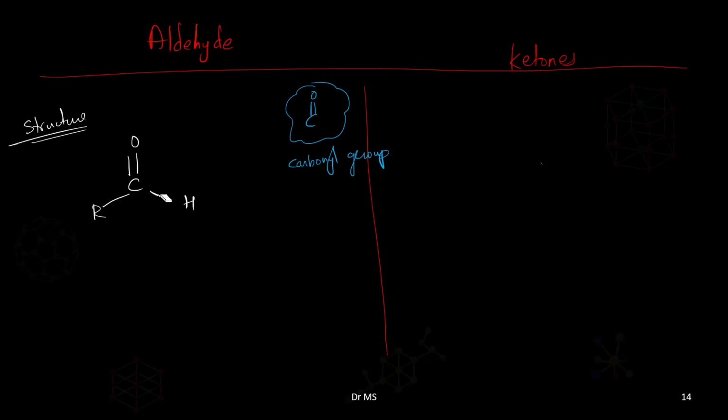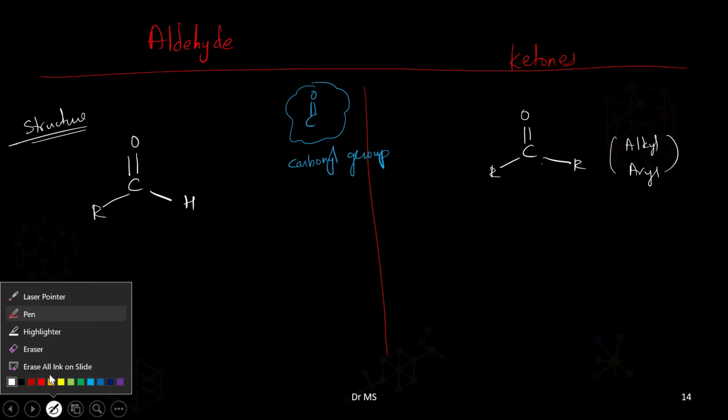And the ketones also have the carbonyl carbon attached to oxygen with a double bond, but there are two alkyl groups. It could be an alkyl group or an aryl group. It could be a chain or it could be a ring. Aryl means ring, alkyl means chain. So that's the structure. Let's see the reactivity based on this structure.